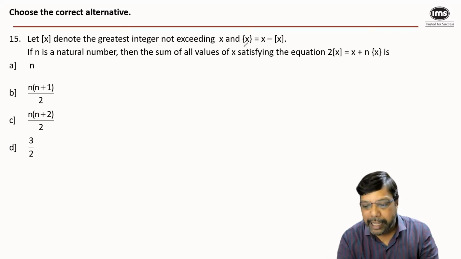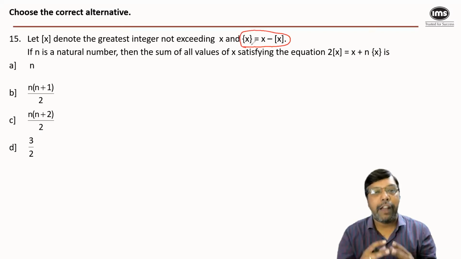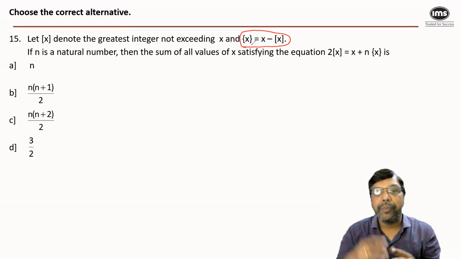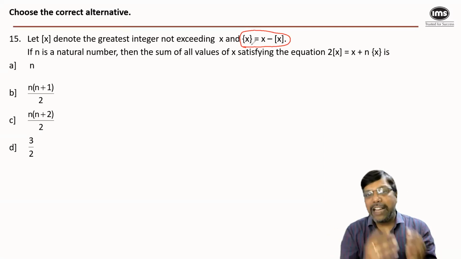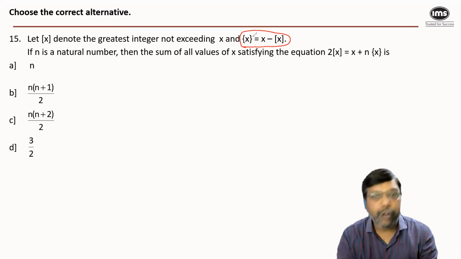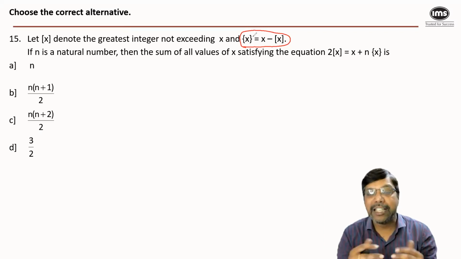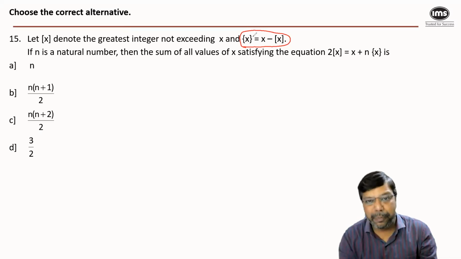And we have {x} in flower brackets equal to x minus [x]. So x minus [x], which is {x}, let us define as the fractional part of x.